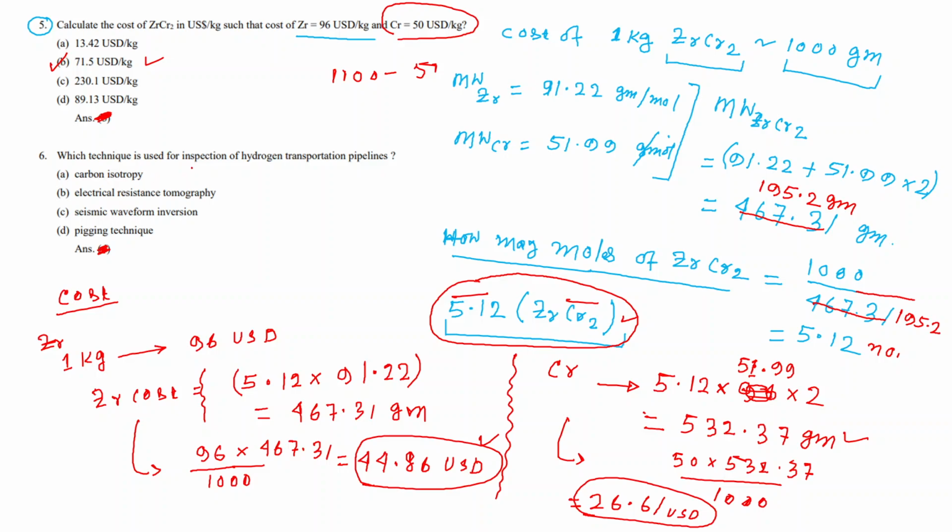Which technique is used for inspection of hydrogen transportation pipelines? The question here is the inspection of the hydrogen transportation pipeline. You have studied that hydrogen can be transported through a pipeline. Compressed hydrogen gas may be transported, or liquid hydrogen may be transported through the pipeline.